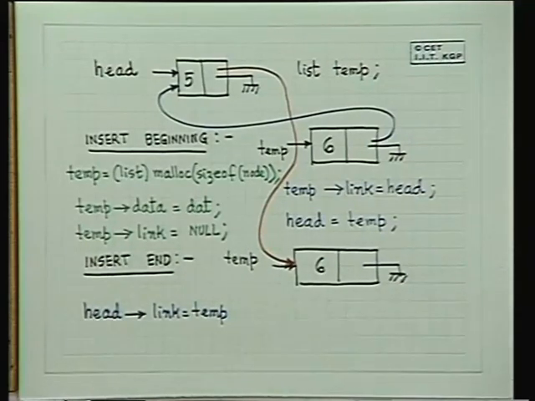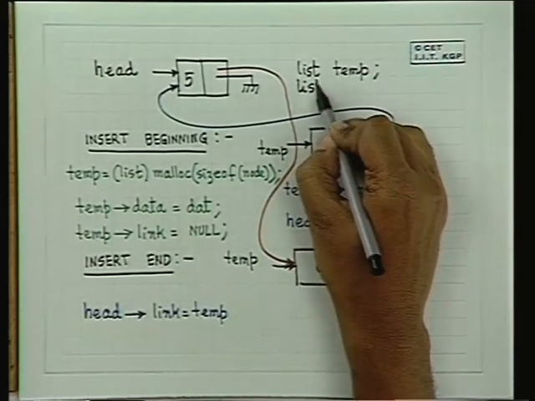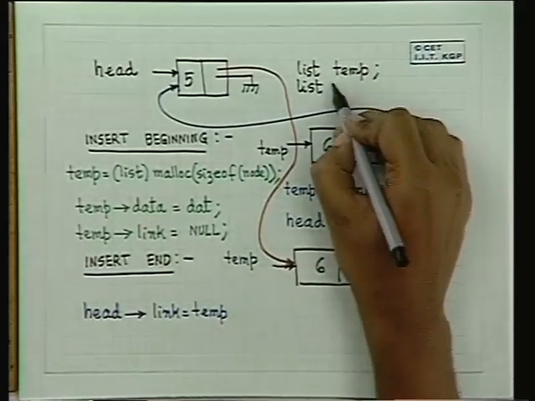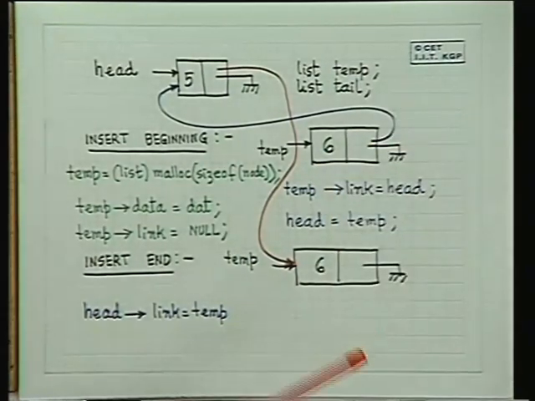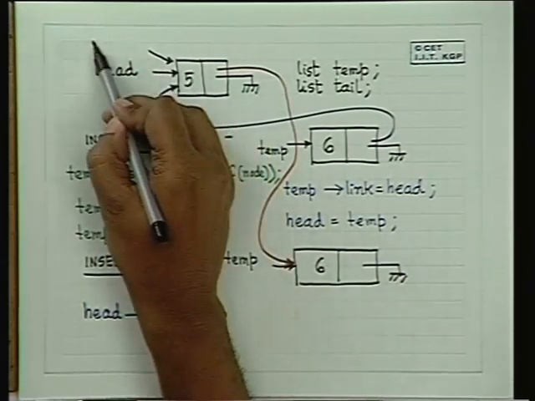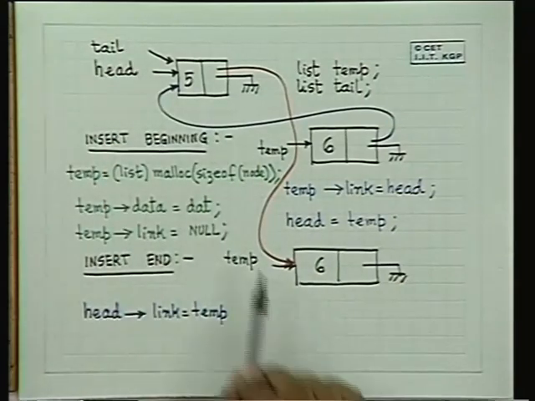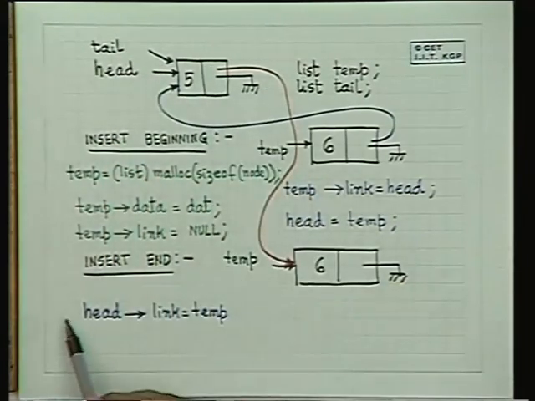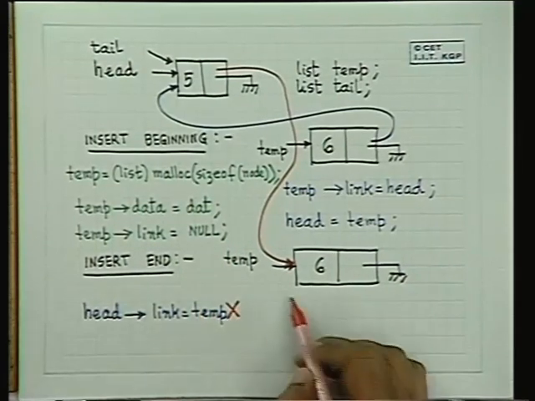So we have to maintain, along with head, another variable which marks the end of the list. So let us call it the tail of the list. When there is only one element, head and tail are identical. So here, instead of doing this part, all that you will do is this. This is not what will be done.